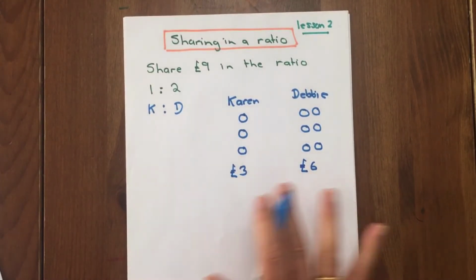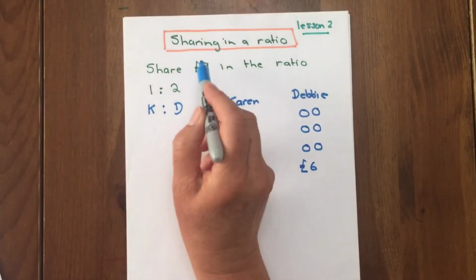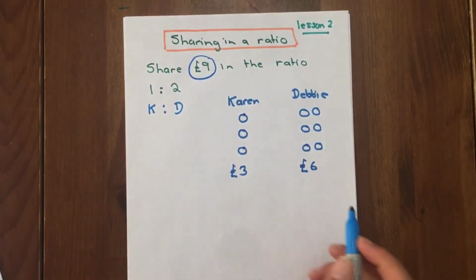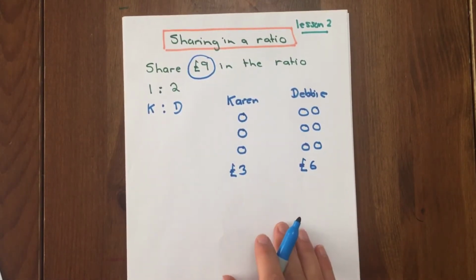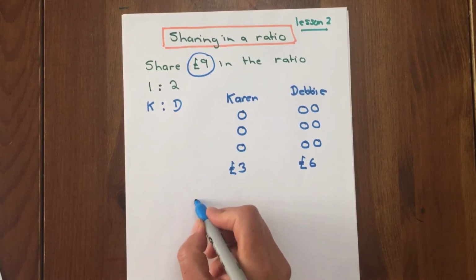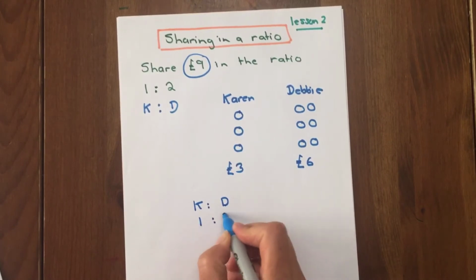So I've stopped there because the total number of pounds here is £9, and that's what I had at the beginning. Now there is another way of doing that. Karen to Debbie is 1 to 2.